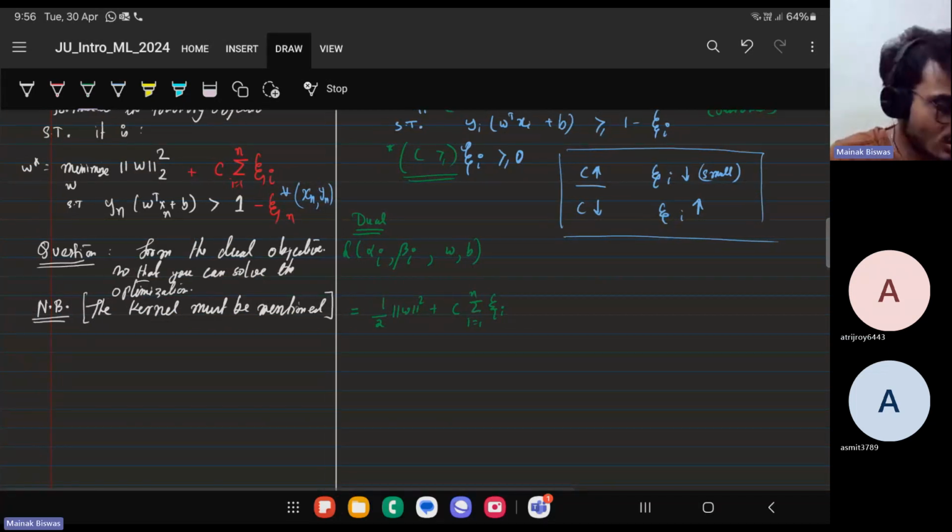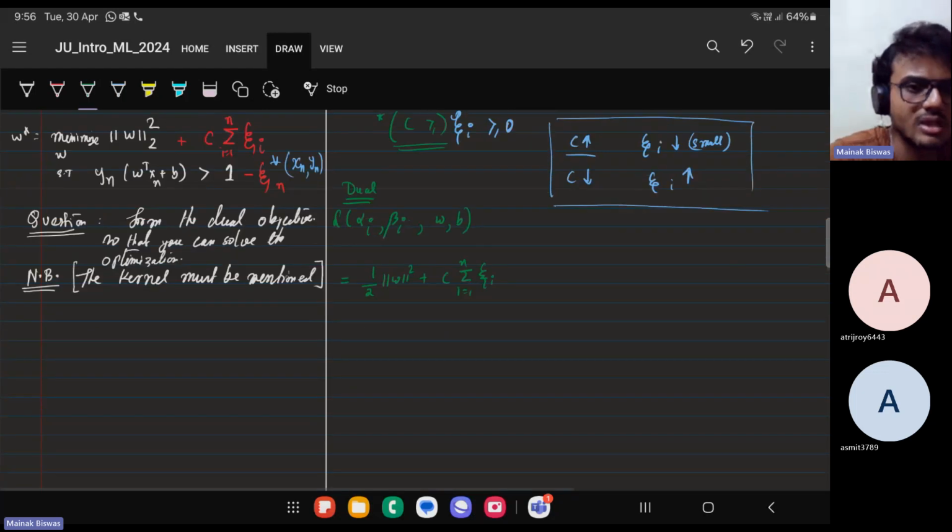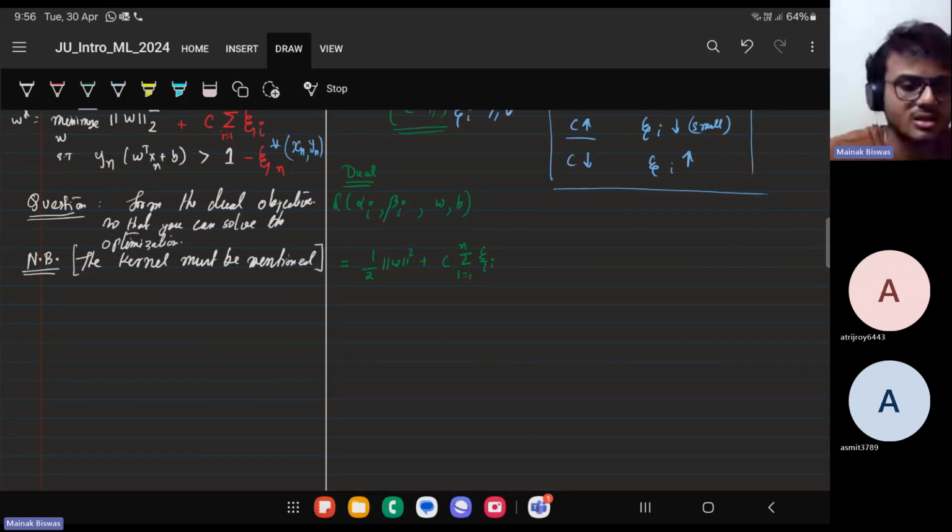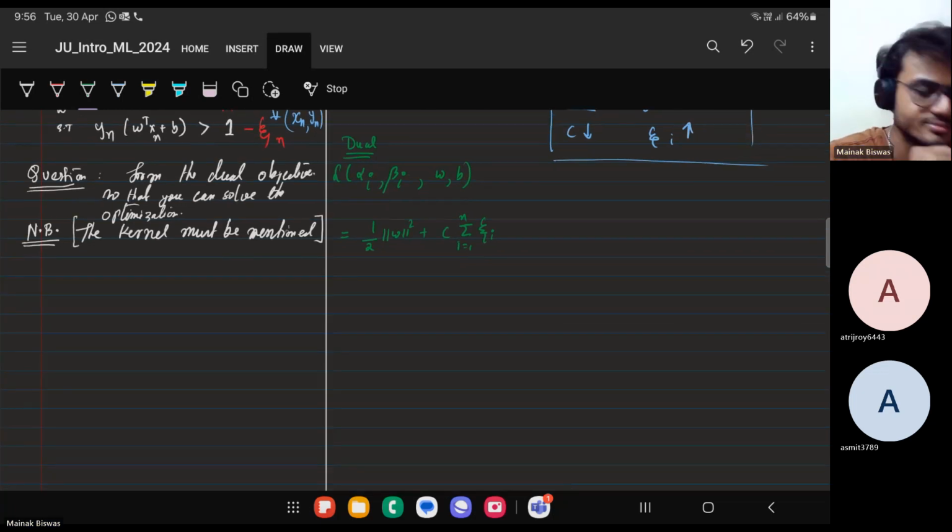Wait. I'm not able to hear you properly. Is this appearing on the screen, my writing? You have written up to xi, then it has come. Okay, it's appearing on your screen, but my computer is not showing it. Next, what will I write?